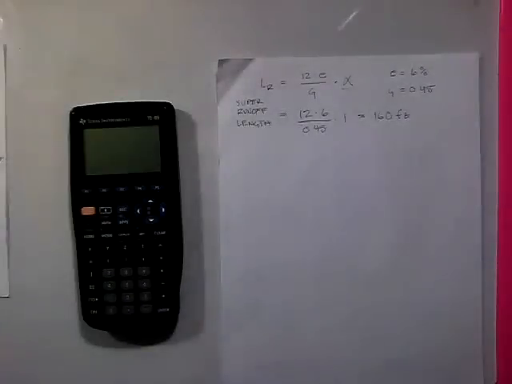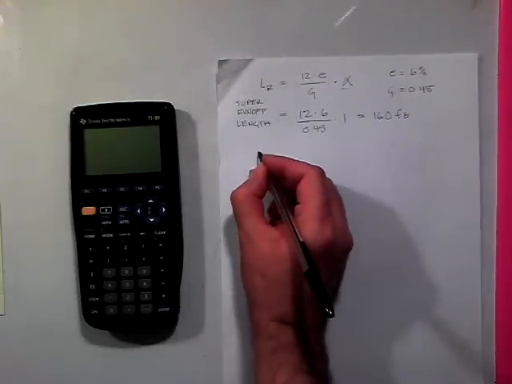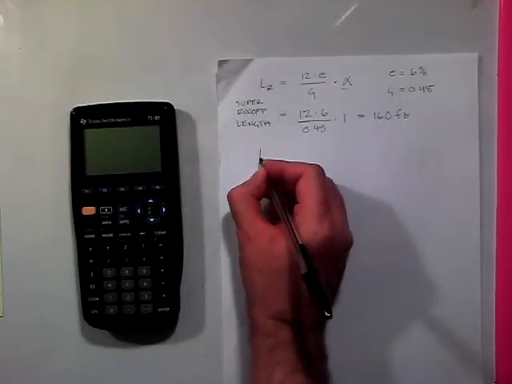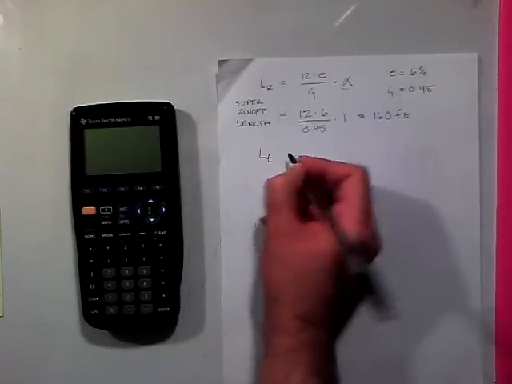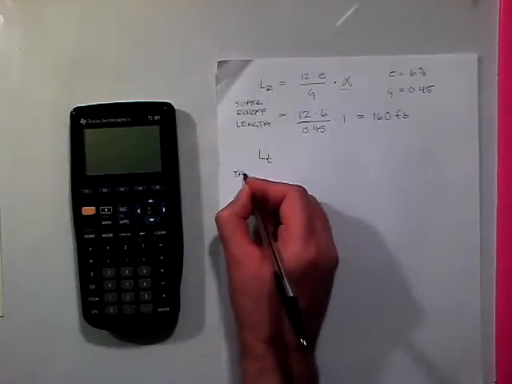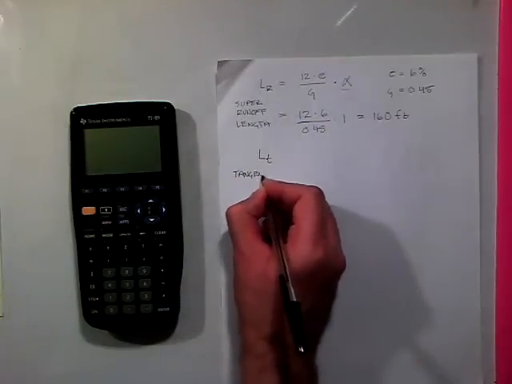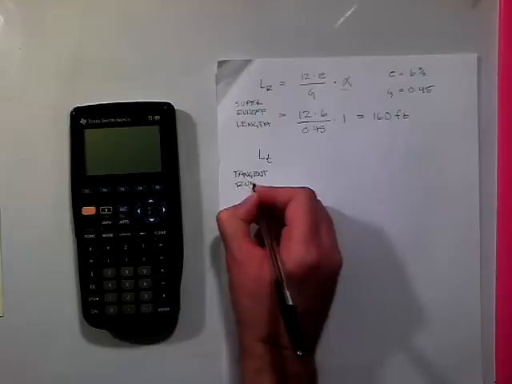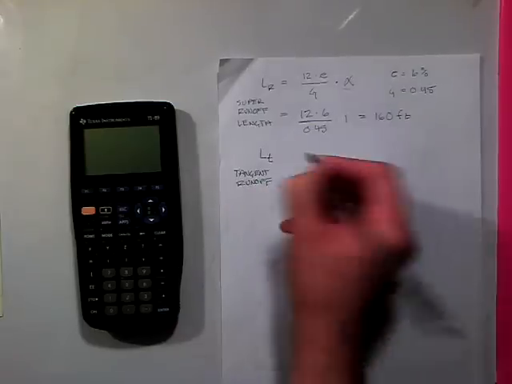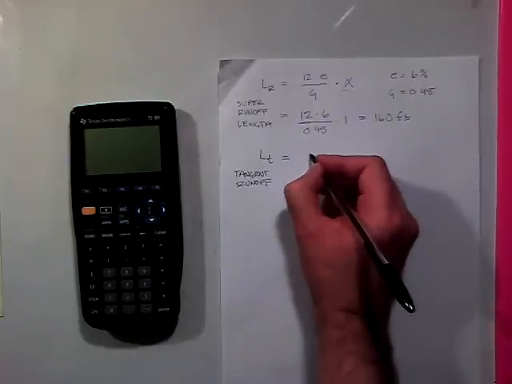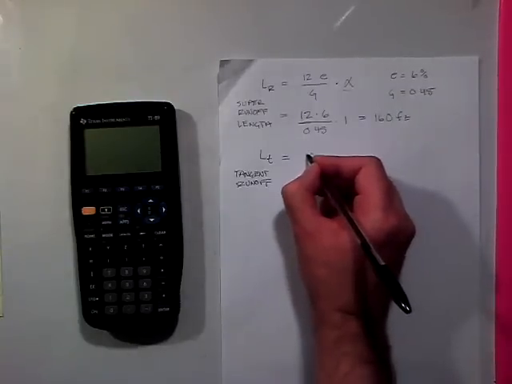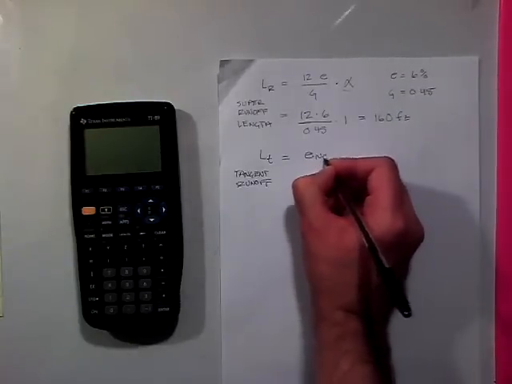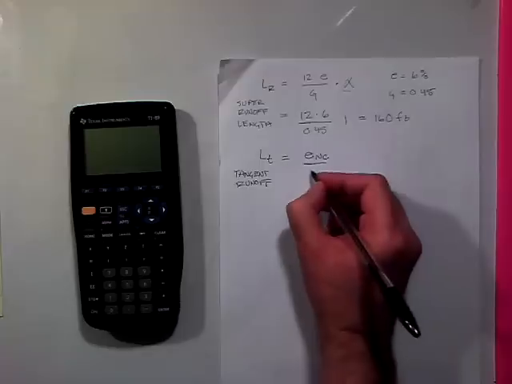Now we do the equation for our tangent runoff. That equals E NC divided by ED.